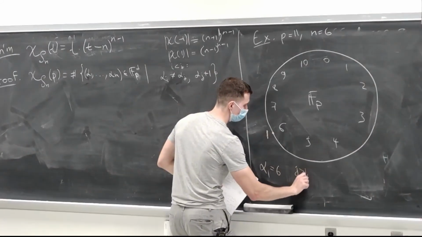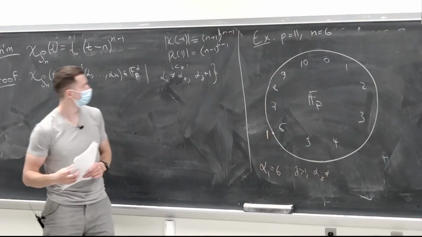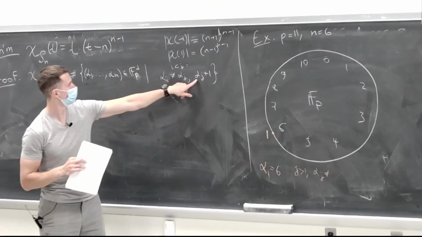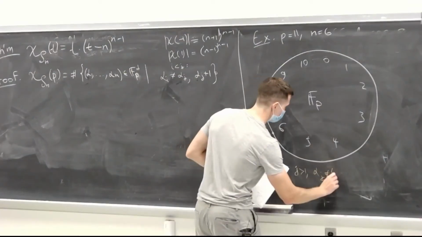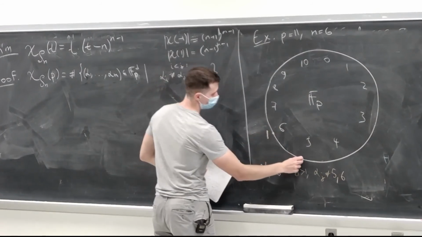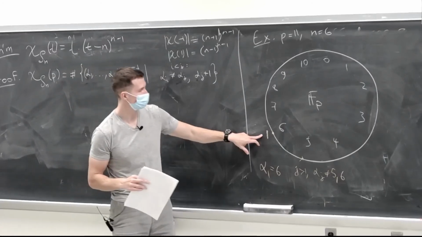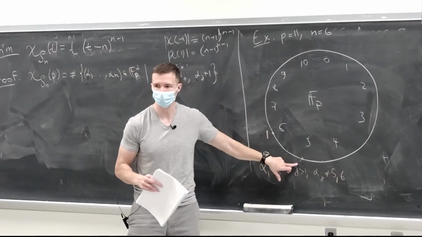Alpha j should not be equal to 5 or 6. So I'm not allowed to use the same number twice, and I'm also not allowed to use 5 anymore.